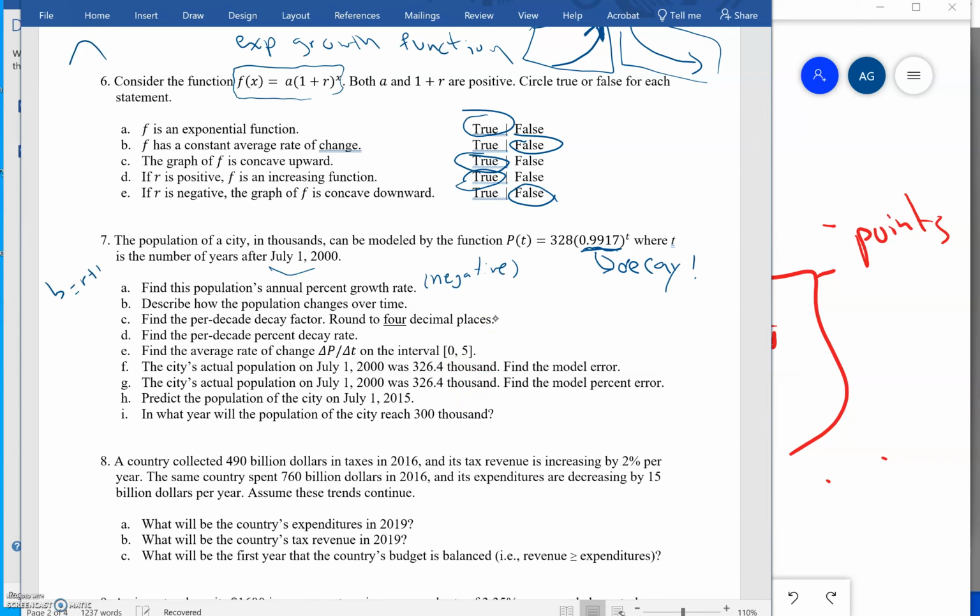And so b equals r plus 1, therefore r equals b minus 1. That's the relevant equation right there: r equals b minus 1.